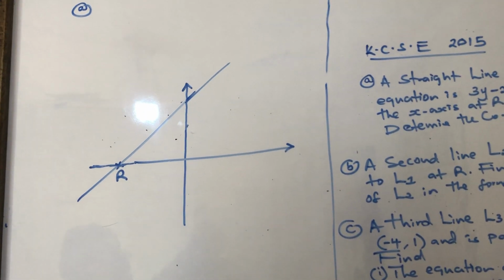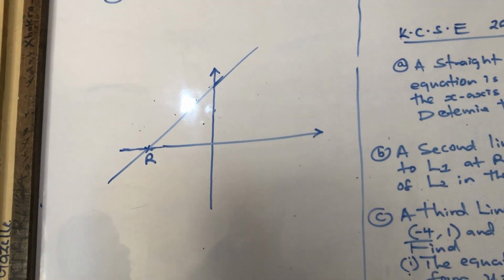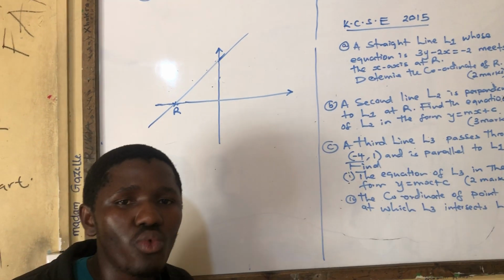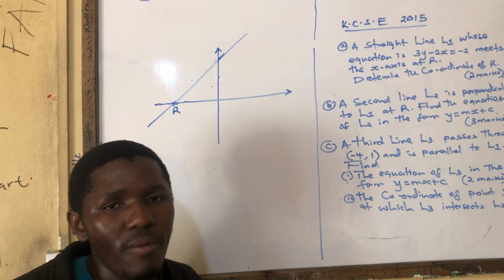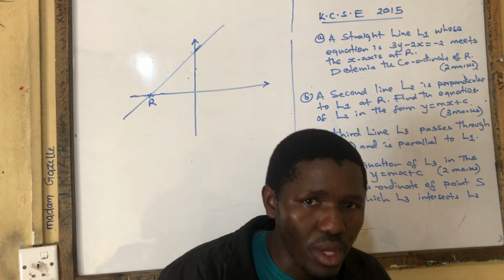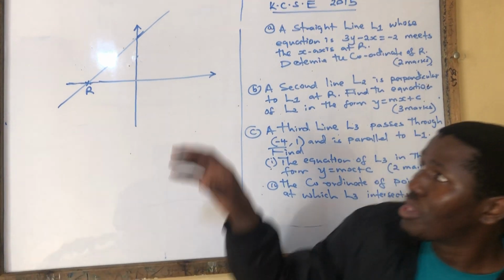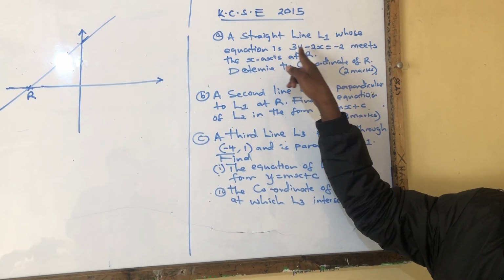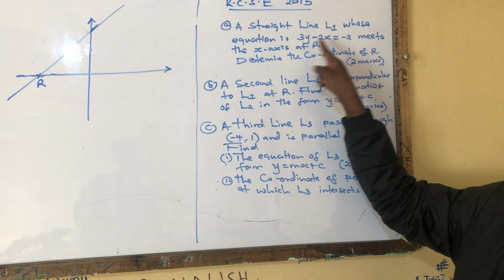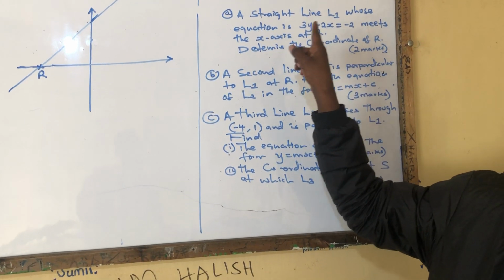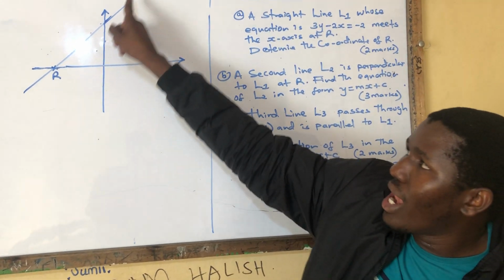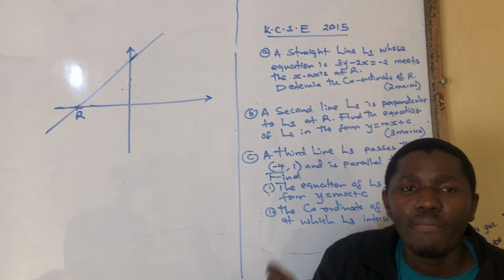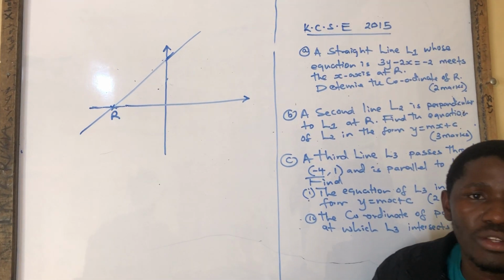No. The examiner is hoping that the student will be in a position to interpret the language of the examiner. The question did not use the word x-intercept, but that's exactly what it is talking about. The point where a line meets the x-axis is what we refer to as the x-intercept.